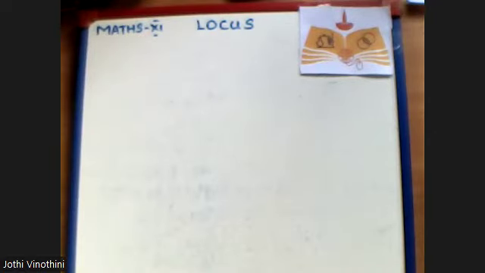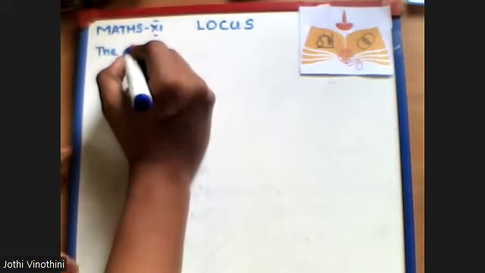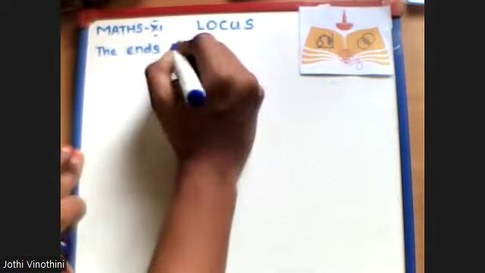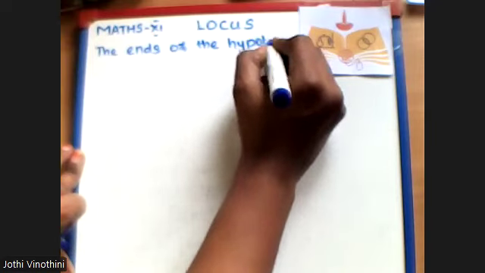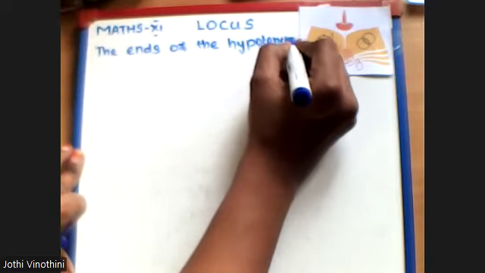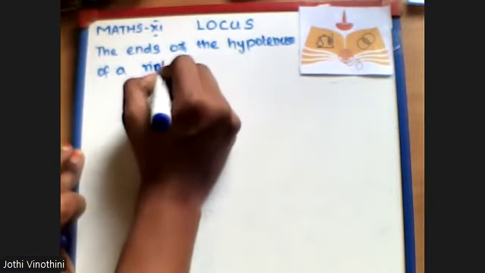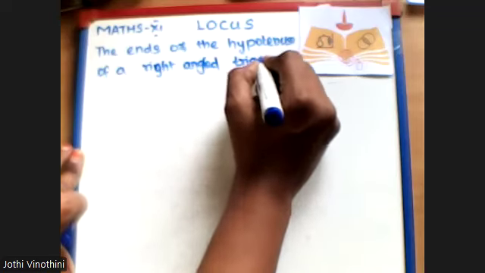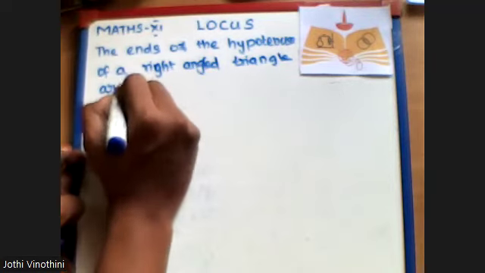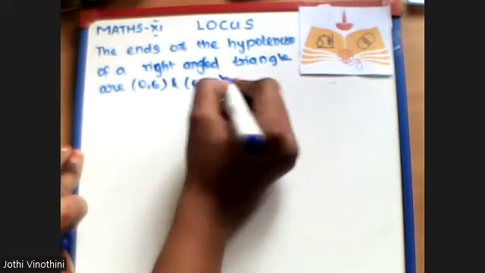The next sum, the question is given in the same pattern, but with slightly different words. So what do they give? The ends of the hypotenuse of a right angled triangle are (0, 6) and (6, 0).